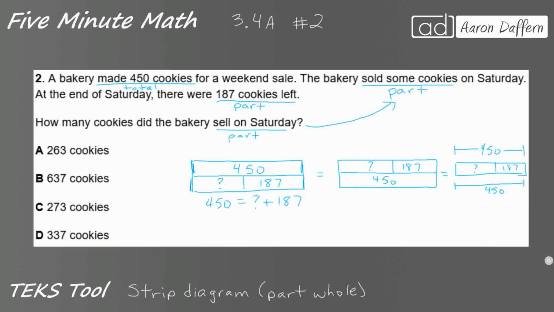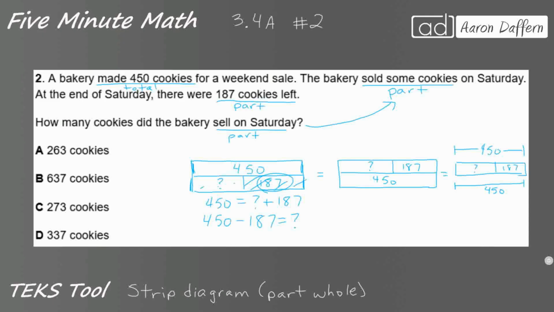But this also lets me write some subtraction sentences. So I could take my whole and I could subtract this part right here, and that's going to get me that unknown. So this part whole lets me know that I need to subtract 187 from 450.